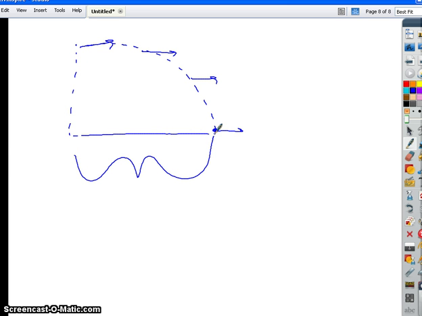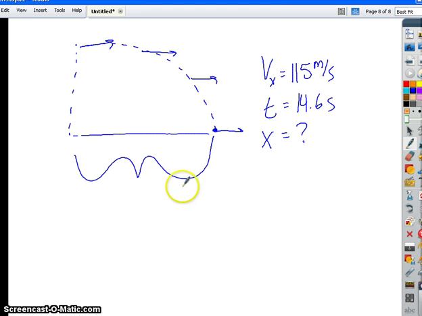Well, this becomes very simple now. Velocity in the x direction equals 115 meters per second. Time equals 14.6 seconds. What equation do we use? v equals delta x over delta t.